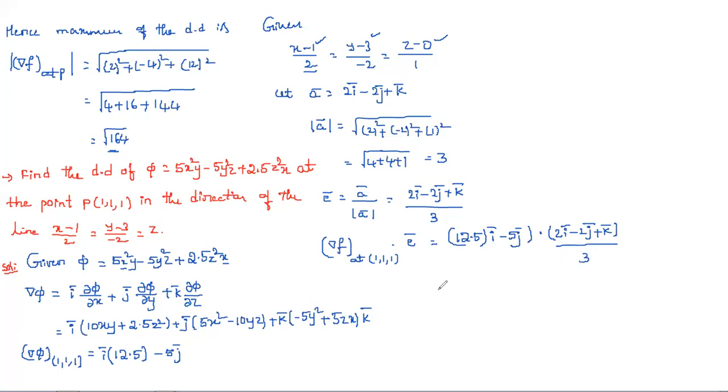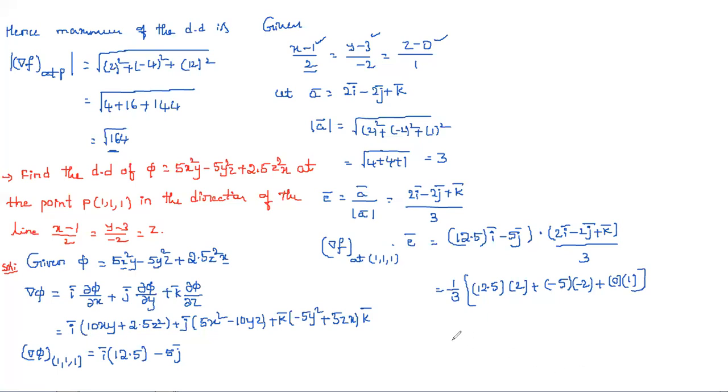So here it is having 3, we can write outside 1 by 3 into. Now you can apply dot product between these two vectors: 12.5 into 2, and next plus minus 5 into minus 2, and there is no k coefficient, so for that 0 there it is.